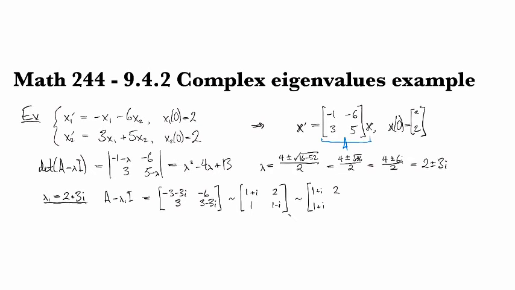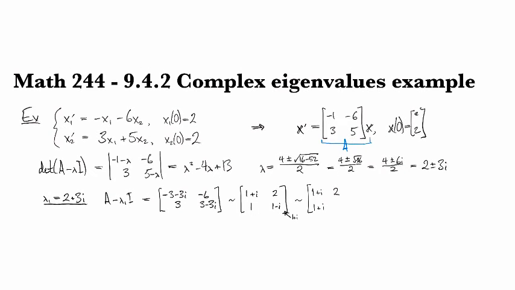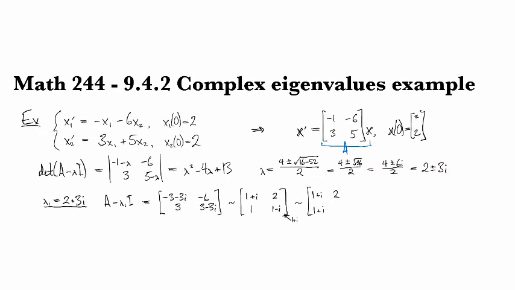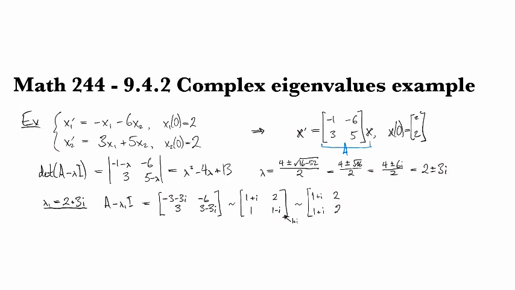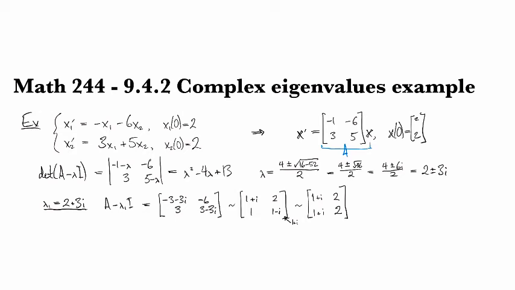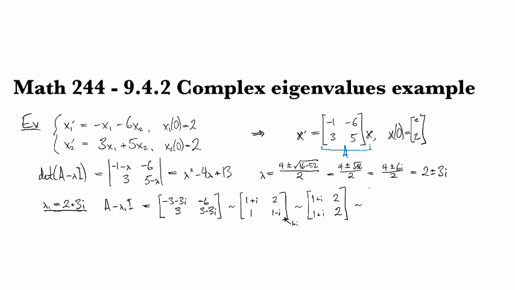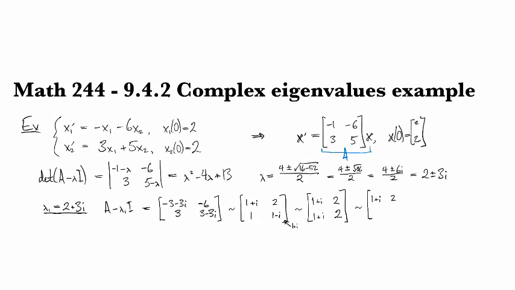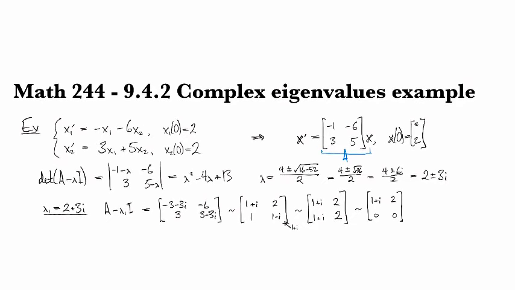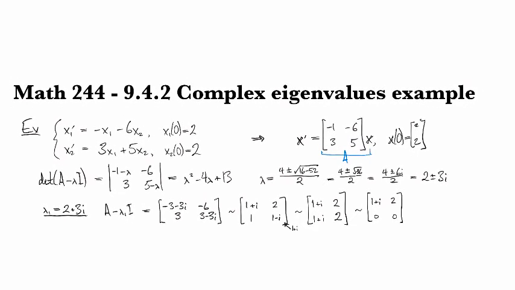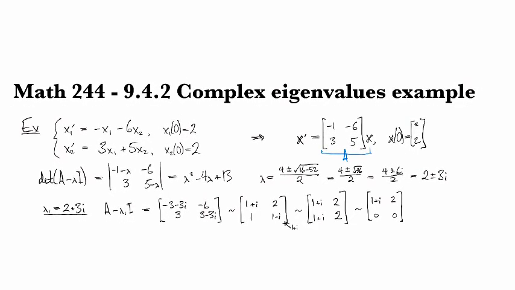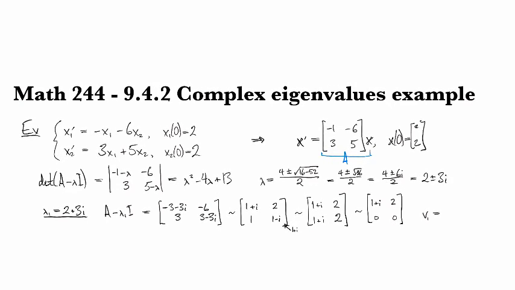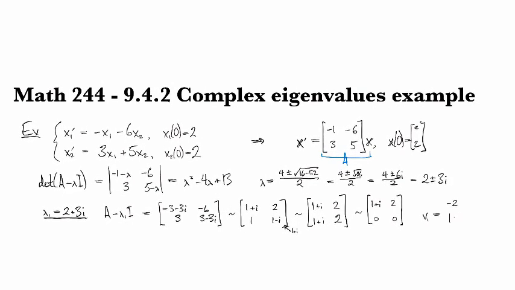And if I multiply this guy by 1 plus i, I have the square of the real part plus the square of the imaginary part, which is 2 again, which is great because I know it's supposed to work out where I get a row of zeros, or I computed the eigenvector wrong, right? So something like that. Okay, and so I can take v1 to be something like minus 2, 1 plus i.